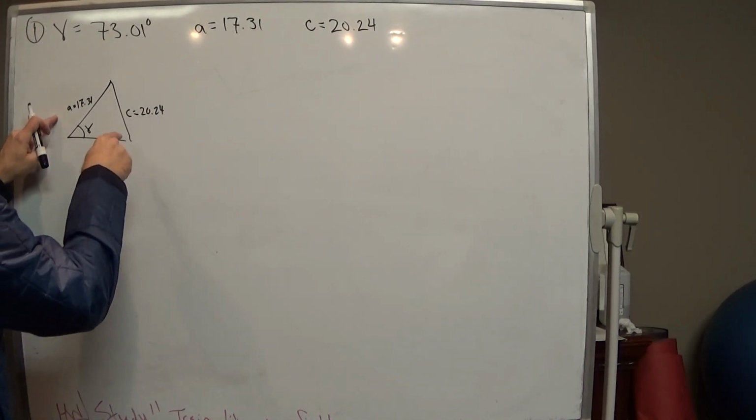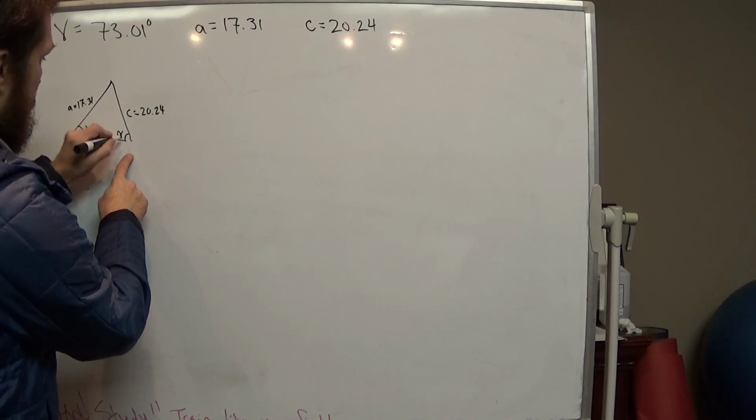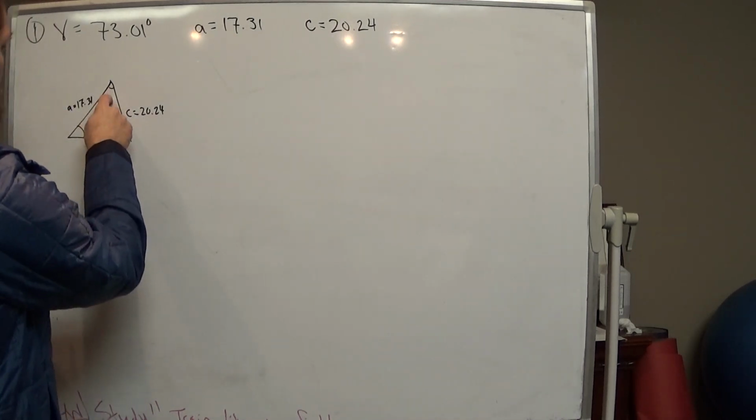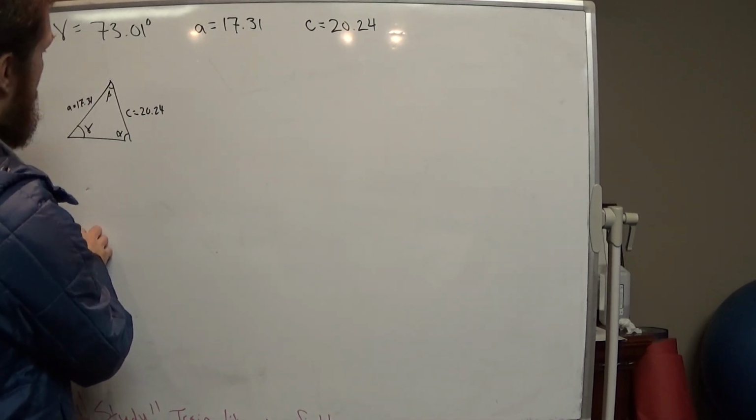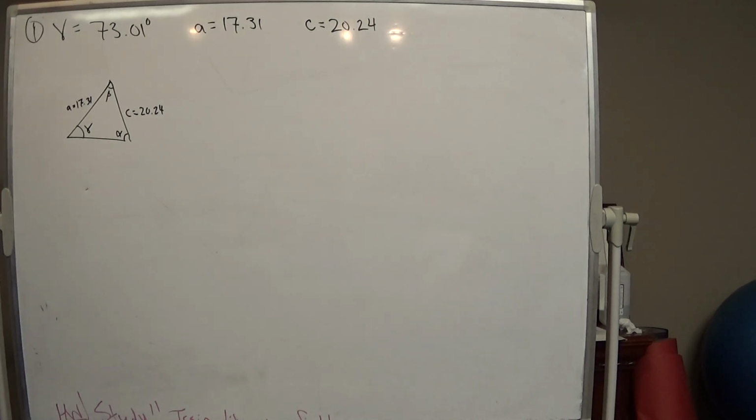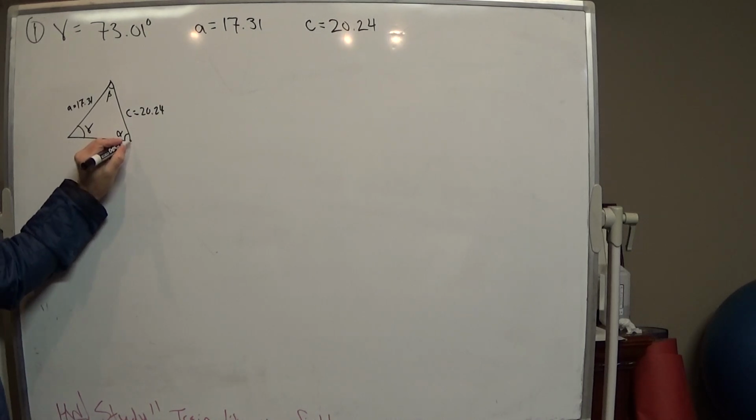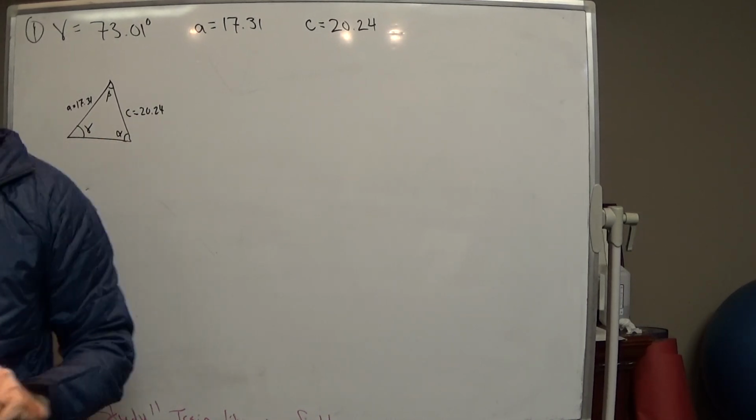So if that's A, that means this is alpha. And then this thing must be beta. Now, there's a problem, because this is the angle side-side. Do not forget, this is an angle side-side. So that means we're going to have a lot of work to do. So I'm going to get my calculator.